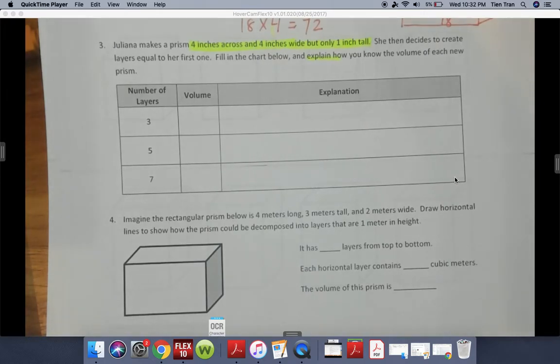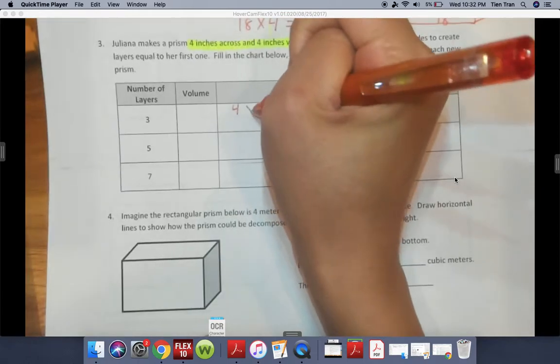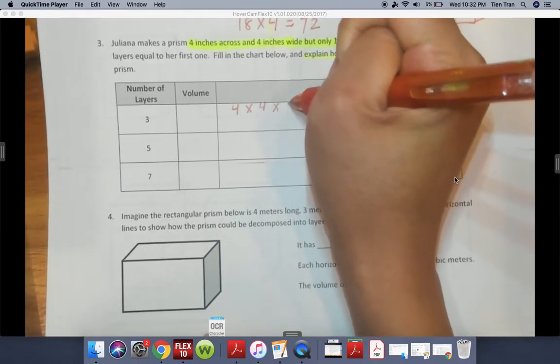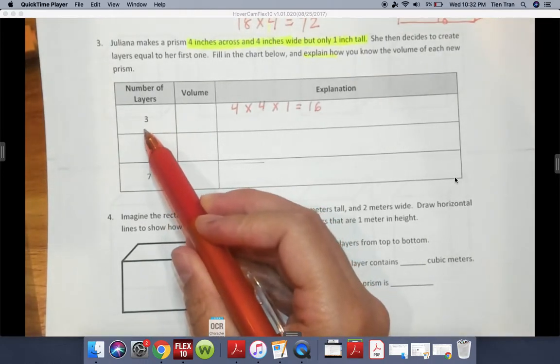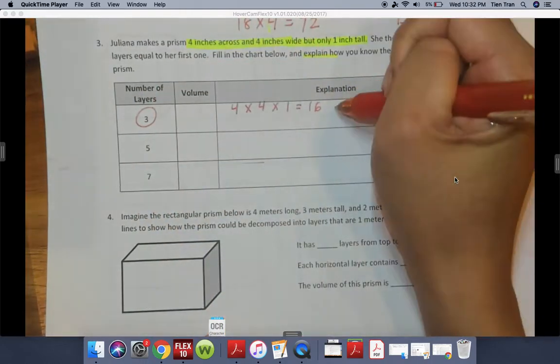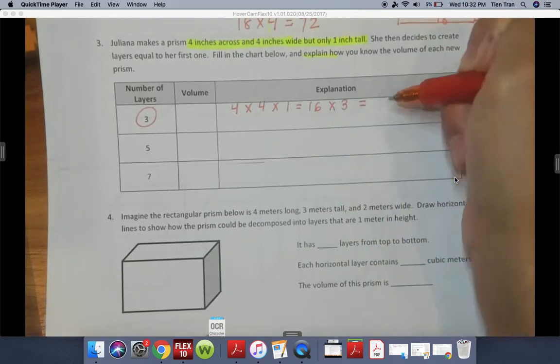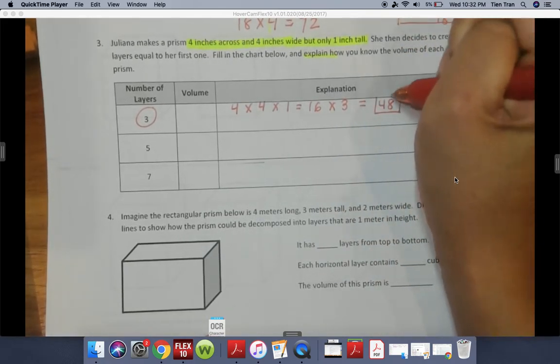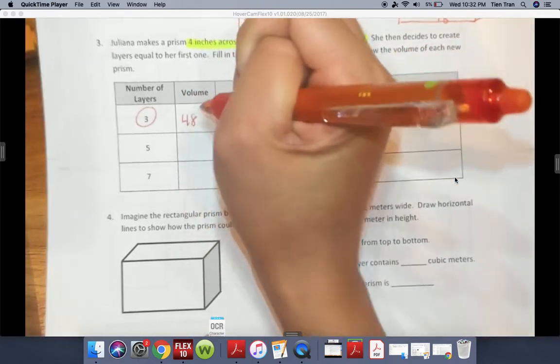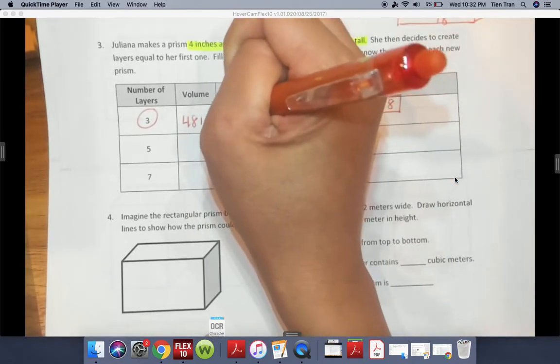So I know that 4 times 4 times 1 is equal to 16. I'm multiplying 16 times 3 because there are 3 layers. And 16 times 3 is going to give me 48. So there are 48 inches cubed.